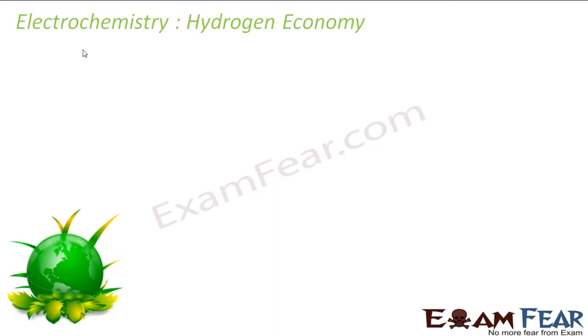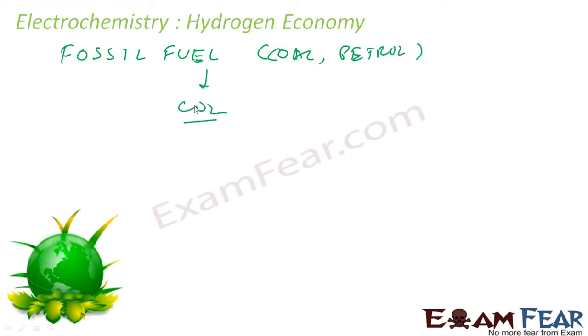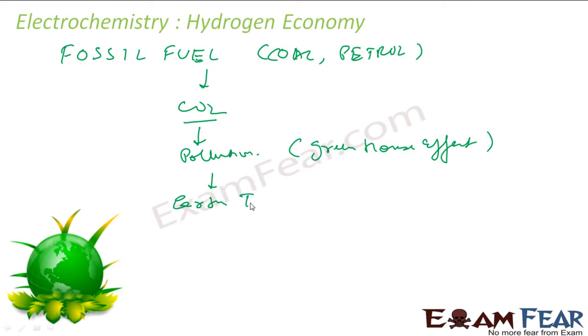All these fossil fuels, like coal and petrol, give carbon dioxide as output, and this carbon dioxide leads to pollution. It also leads to the greenhouse effect, and with this the earth's temperature is increasing.